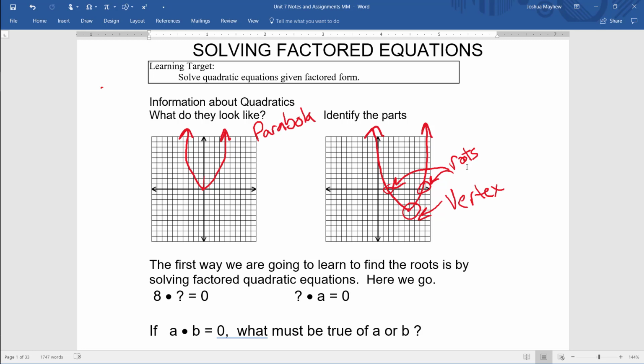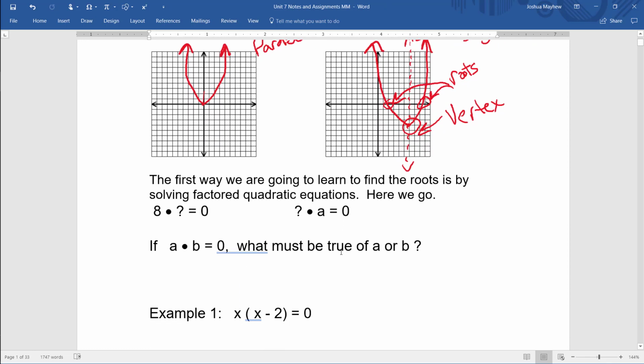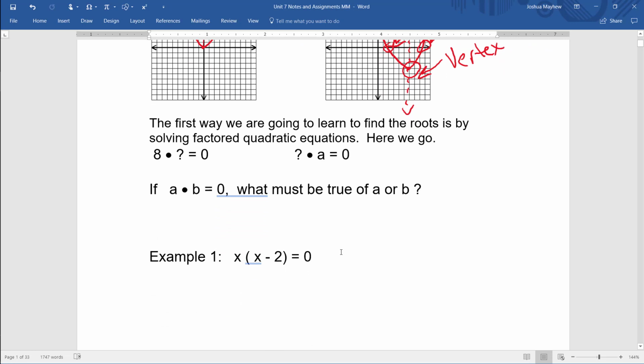Now imagine that we have a vertical line that cuts this parabola in half. It's called the axis of symmetry. Symmetry because it cuts it in half, and axis because it is a line, and axis is another word for a line.